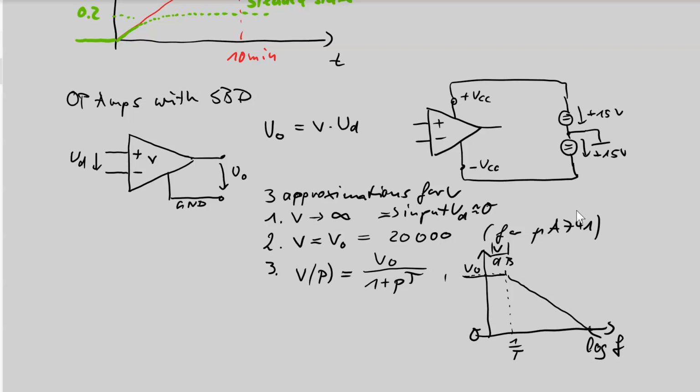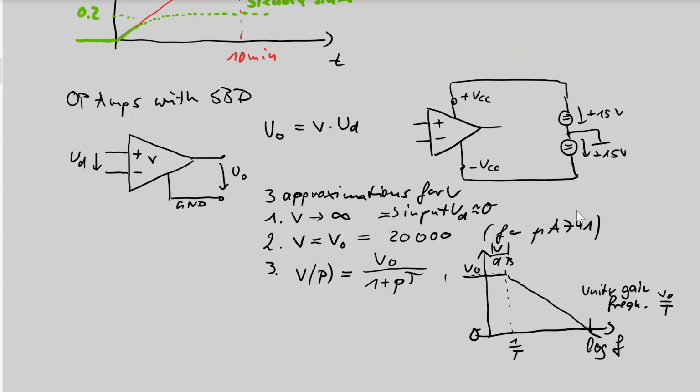So there is a unity gain frequency, which, if you calculate this, is exactly at a value of V0 divided by T. That is the gain bandwidth product.